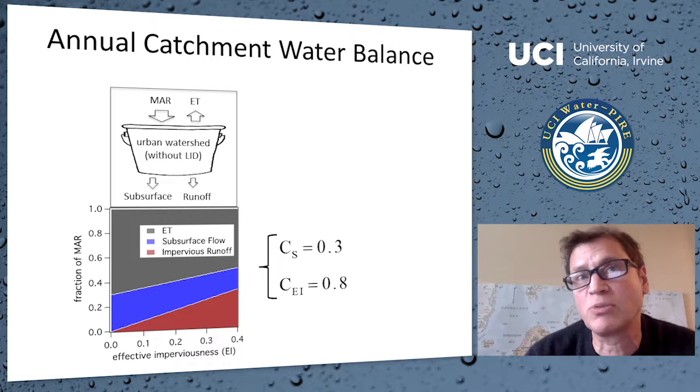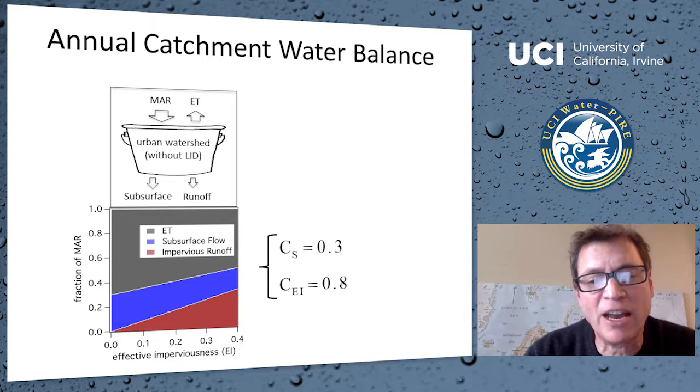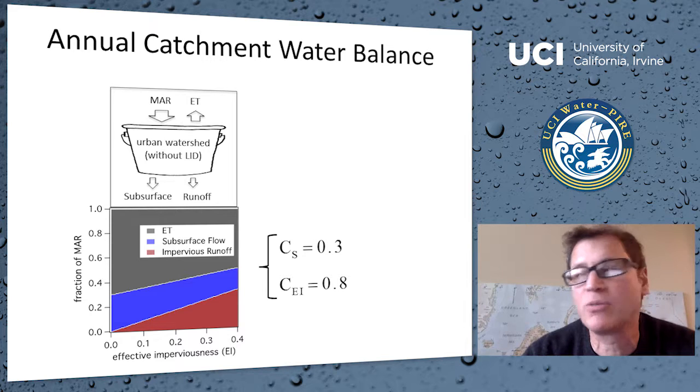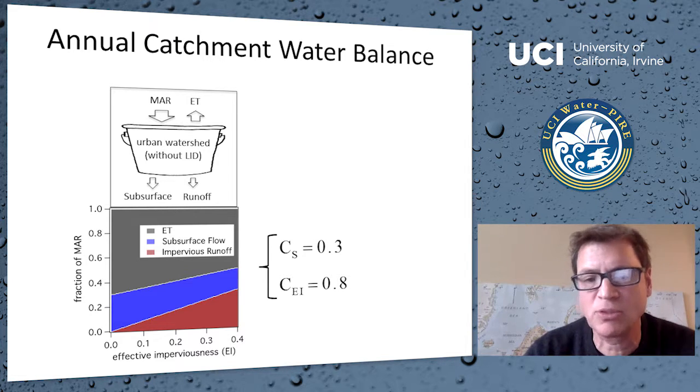Evapotranspiration is reduced because we're taking forests and grasslands and replacing them with impervious surfaces. And all of that extra water is going to impervious runoff. And so you see this really dramatic shift in the distribution of mean annual rainfall, with much more red region, which is that impervious runoff, which is so bad for streams.